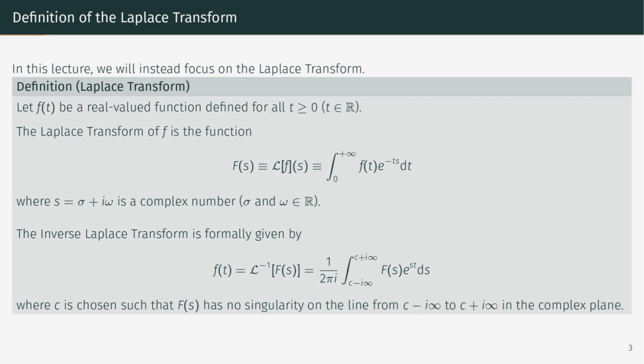The inverse Laplace transform is also formally given by f of t equals the inverse Laplace transform of F of s, which equals 1 over 2 pi i times the integral of F of s times e to the st ds from c minus i infinity to c plus i infinity, where c is chosen such that F of s has no singularity on the line from c minus i infinity to c plus i infinity in the complex plane.